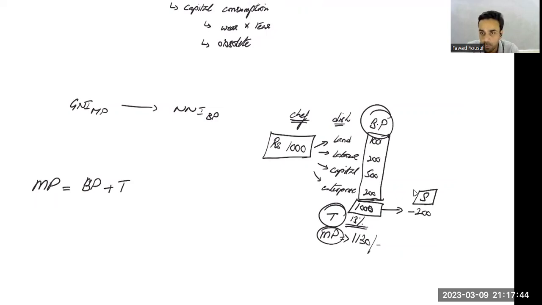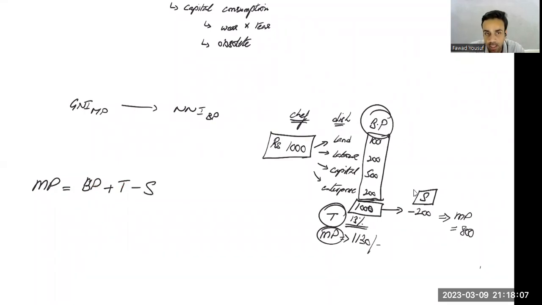All right. Now what has happened to my market price? Well, now my market price is 800. तो बेसिक प्राइस के ऊपर अगर सब्सिडी मिल जाए तो मार्केट प्राइस गिर जाती है, राइट? तो मार्केट प्राइस इज बेसिक प्राइस प्लस उस पर टैक्स ऐड होता है, लेकिन सब्ट्रैक्ट सब्सिडी हो जाती है.